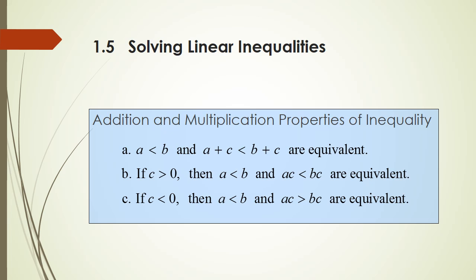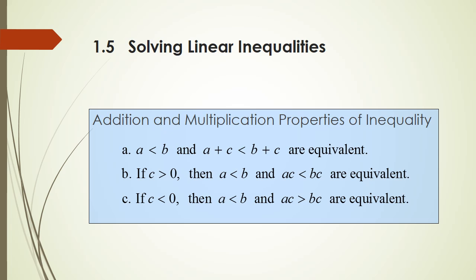Part B says if c is greater than 0, in other words, a positive number, if you take a positive number and multiply it to both sides of an inequality, you're still good. The inequality is fine. If a is less than b, then ac is less than bc. However, the third rule tells us if that number we're multiplying by is negative, then we do have to do something else.